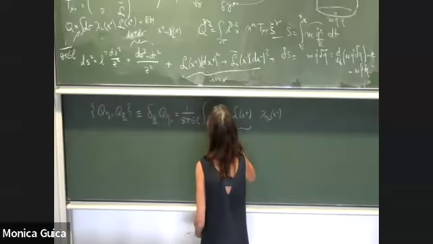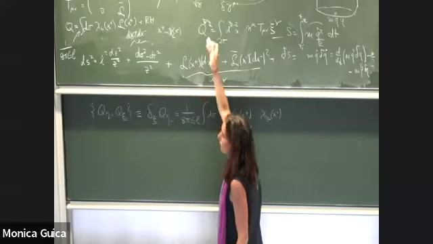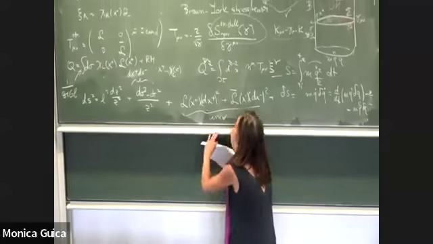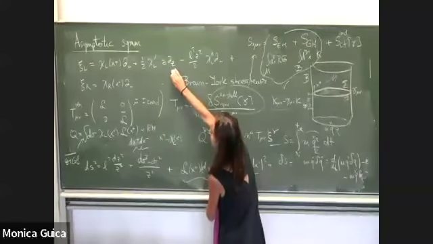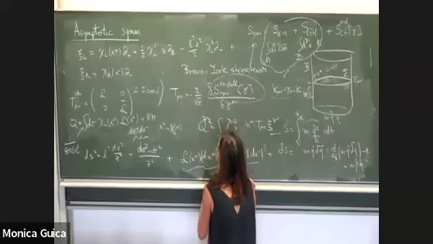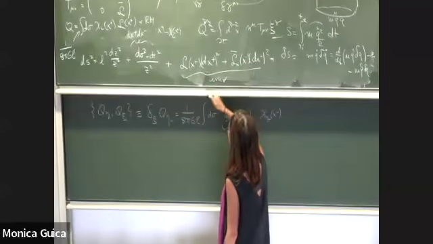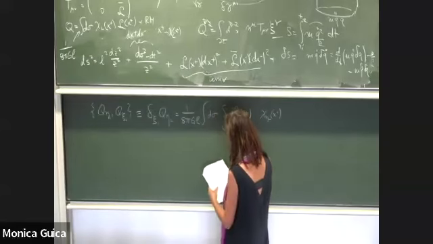You just act with that diffeomorphism on the full background metric, and you read off from the derivative how L changes.